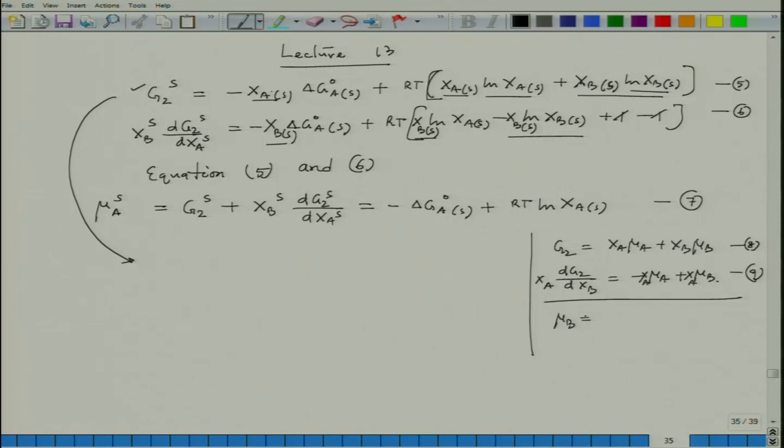mu B equal to G2 plus XA dG2 by dXB. Since this one and this one if we add, they will be 1.